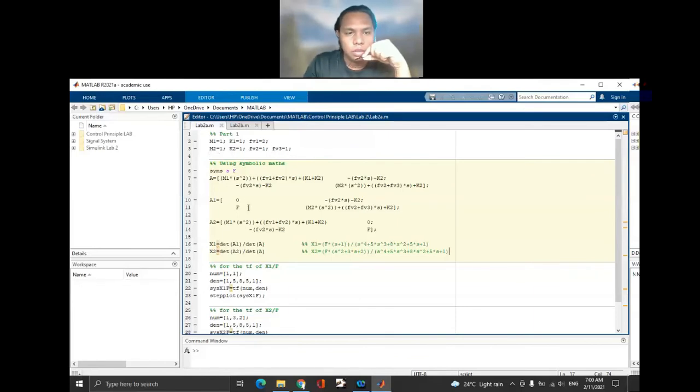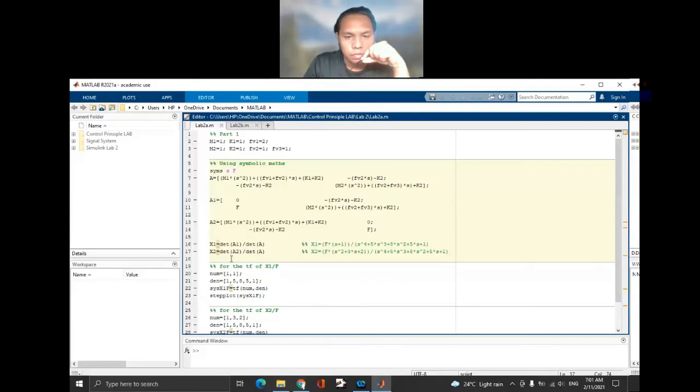Next, we need to use the symbolic math toolbox. The code is syms. We apply two symbolic variables, which are s and F. Then we apply the array function based on the set parameter system. We apply two inputs, A1 and A2.